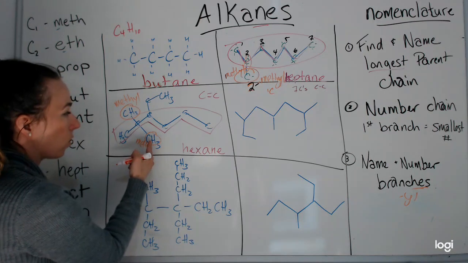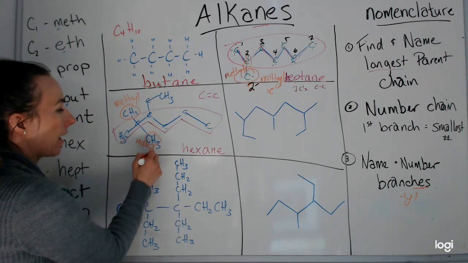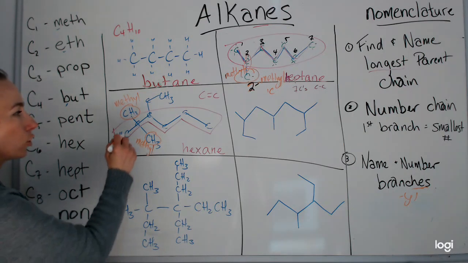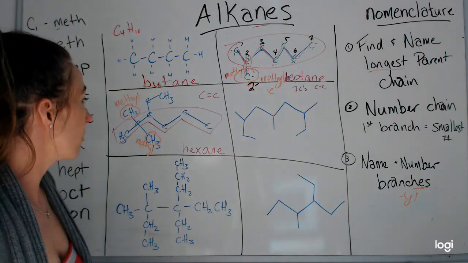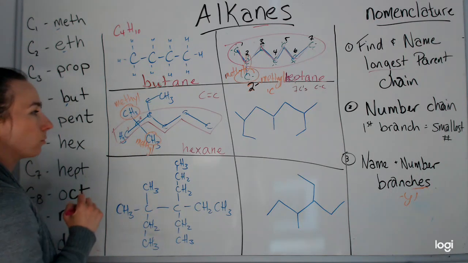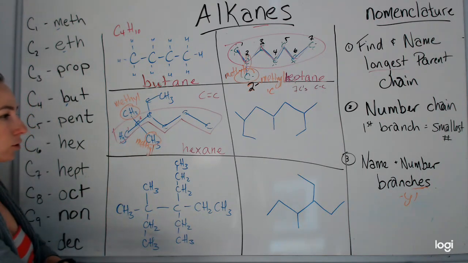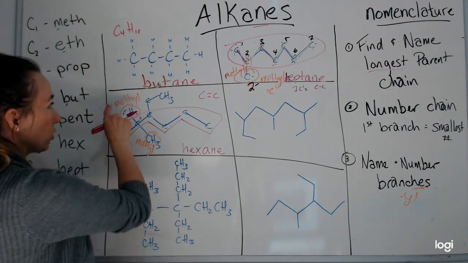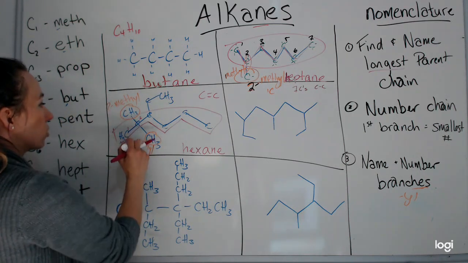Meth, because it's 1 carbon. YL. These are hooked on to carbon number 2, right? So this is carbon number 1. Here's carbon number 2. So they're hooked on to carbon number 2. So methyl. So this is going to be a 2-methyl, and this is also going to be a 2-methyl.